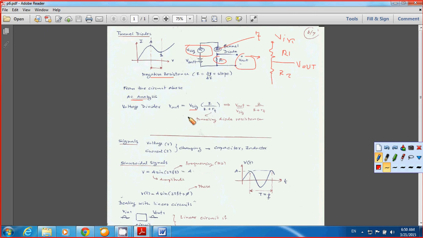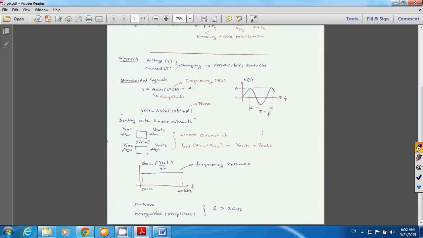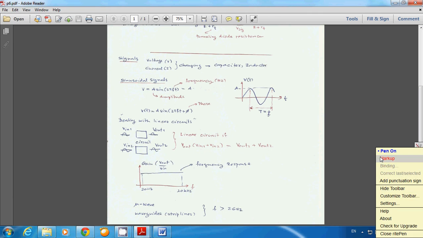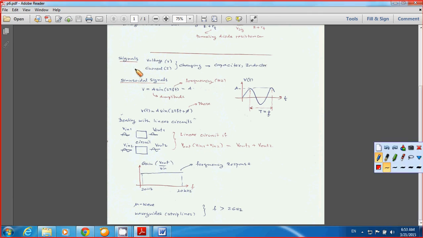Okay. Next, we talk about signals in electronic circuits. Previously, we talked about signals that are DC signals, talking about a voltage, talking about a current, that seem to be constant, not dependent on time.